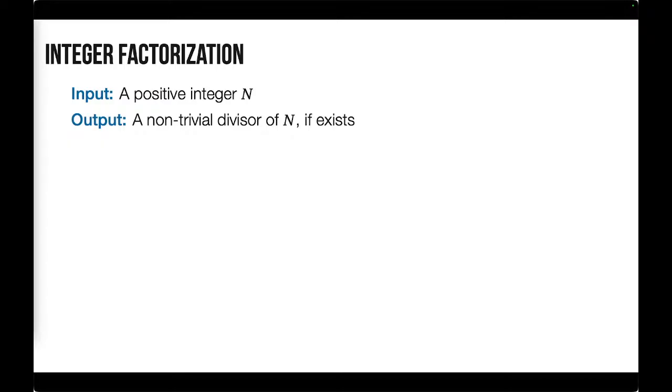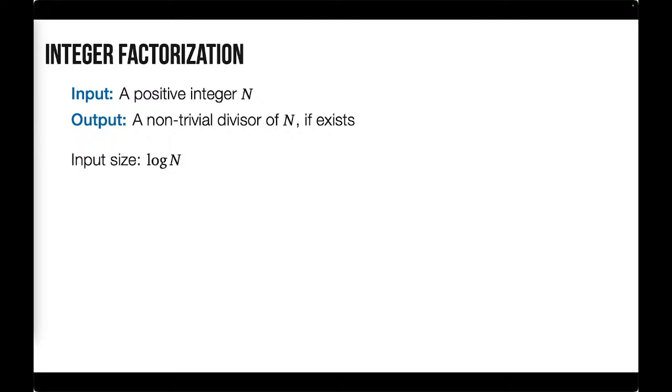Maybe you're a little bit worried, maybe you want to get the entire prime factorization of n, but you can notice that if you can solve this problem, then you can get the entire prime factorization just by, let's say you find a factor k, so you recurse on k and n over k, and pretty quickly you recover all prime factors of n. So it's really much simpler and a bit cleaner to think about this problem. You just need to find some non-trivial factor of n.